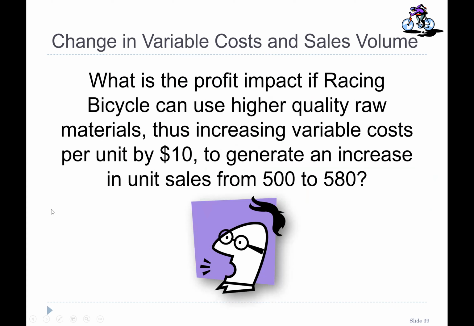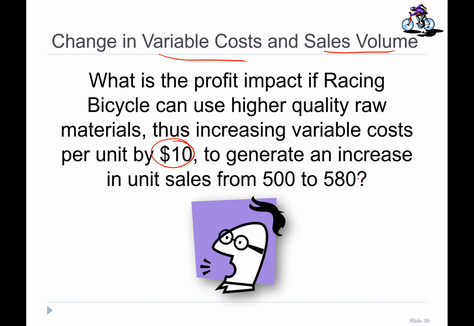And now let's talk about changes in variable cost and sales volume. So what is the profit impact if racing bicycle can use higher quality raw materials, thus increasing the variable cost by $10 per unit to generate an increase in sales from 500 to 580.